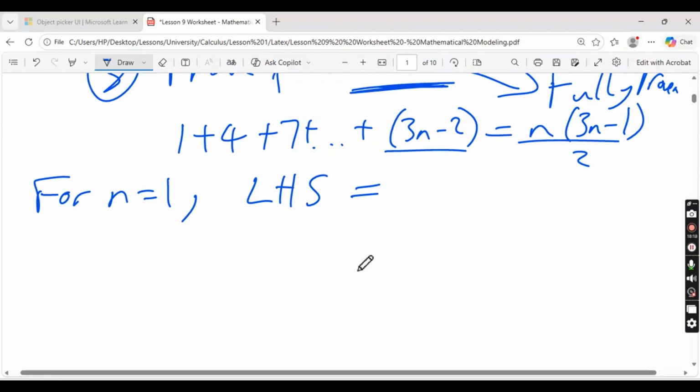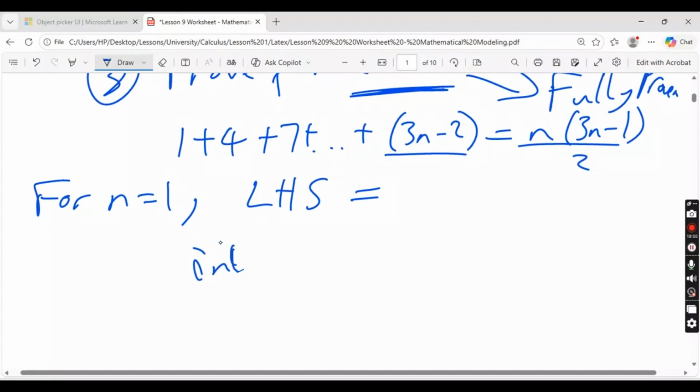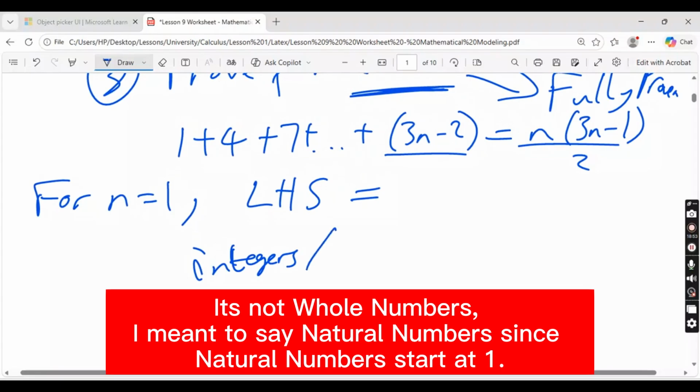Because mathematical induction works for whole numbers, and 0 is not a whole number. Sorry, I was mixing it up with integers.